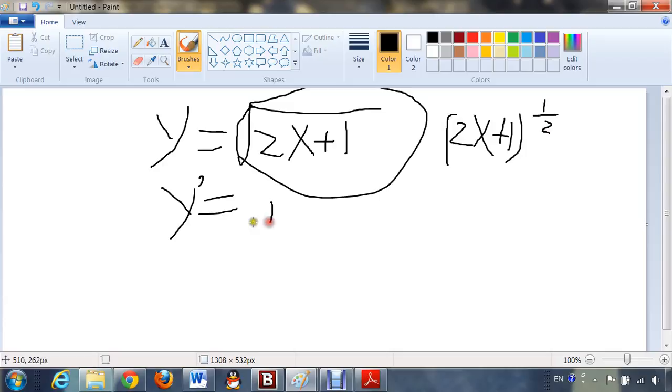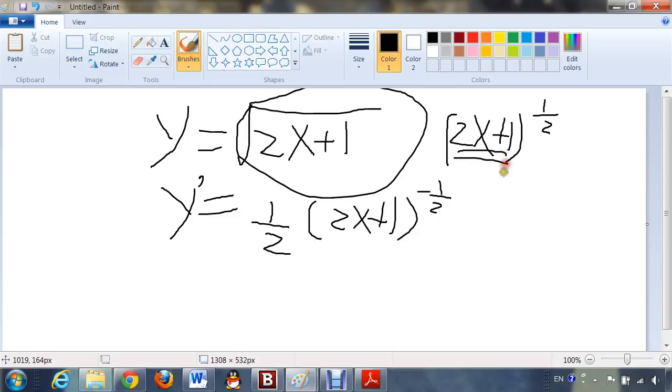Using the power rule, you make it into 1/2 times 2x plus 1 to the negative 1/2. But you're not finished yet, because you still have the 2x plus 1 inside. So you take the derivative of that, which is 2, and multiply that 2 with the previous derivative you found.